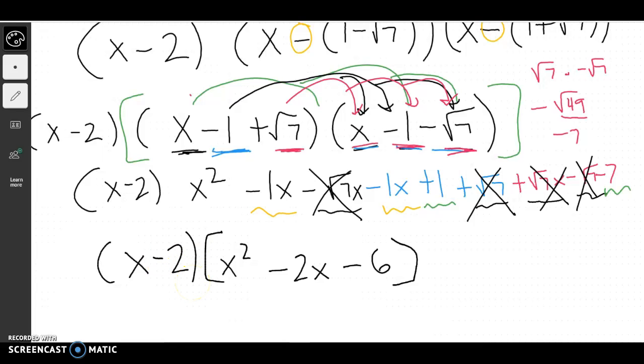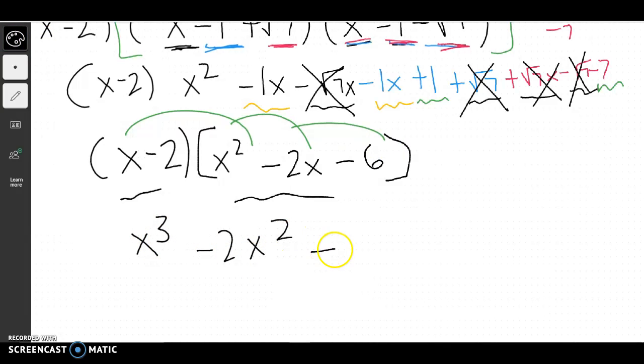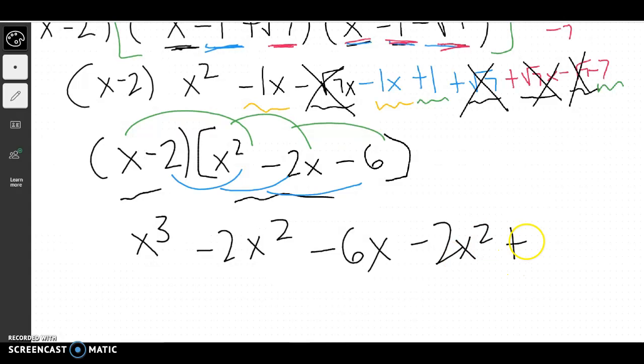Whew. Now we have the x minus 2 and this. So we got to FOIL one more time. This luckily goes a little bit faster than the last time. So I would get x cubed minus 2x squared minus 6x. This would give me negative 2x squared plus 4x plus 12.